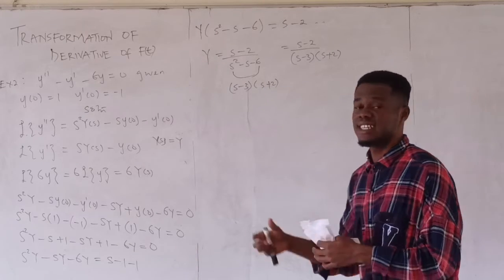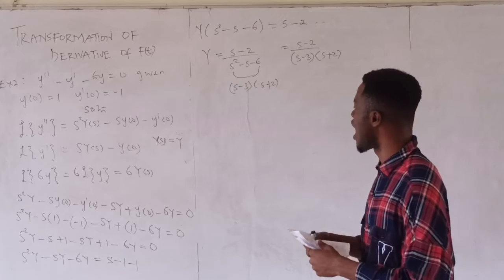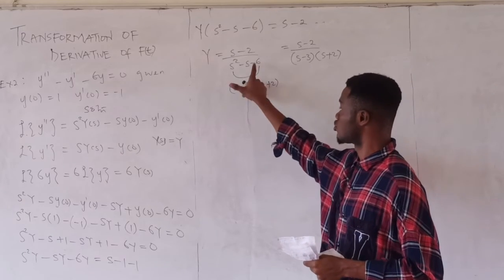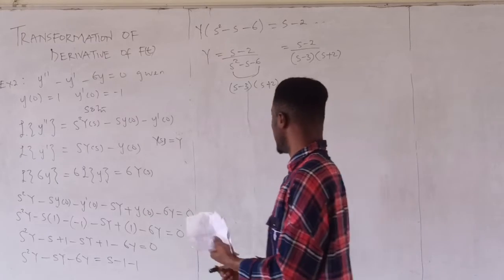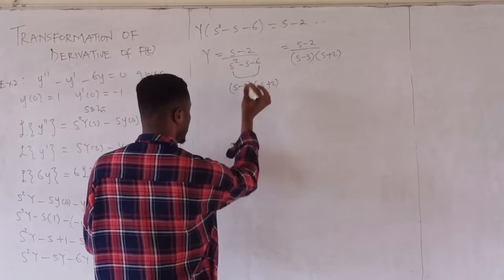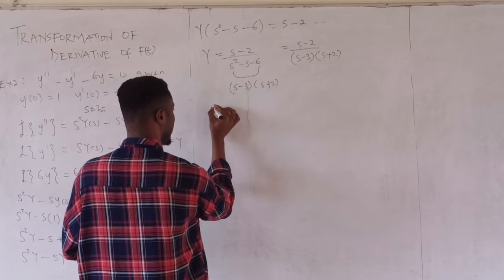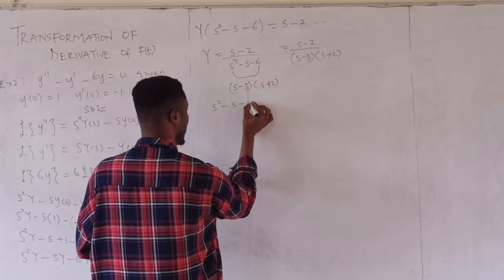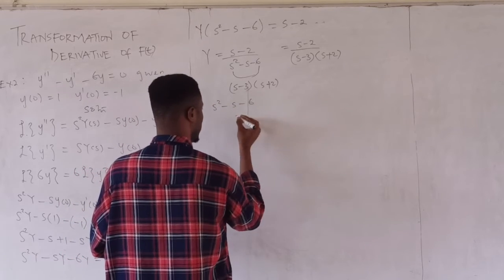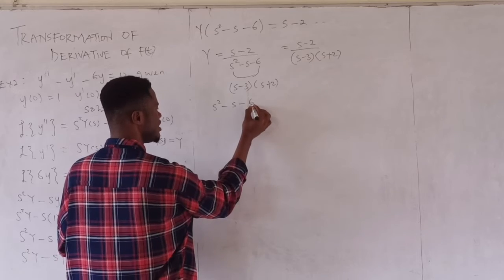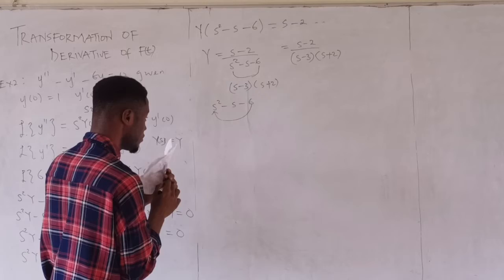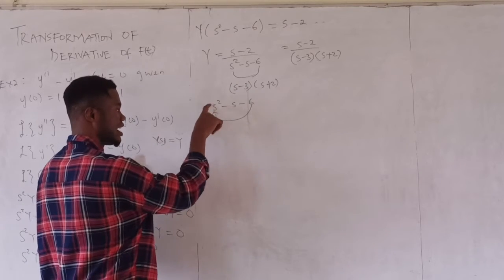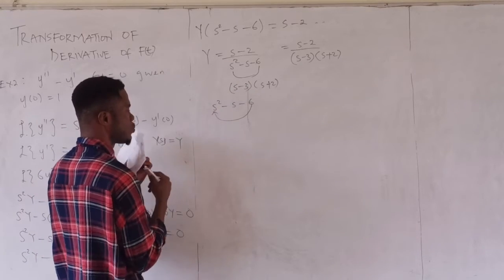So, for easy identification, let me give you a recap on how to factorize this kind of quadratic expression. Alright? So let's go through the factorization. Let's say that you have s squared minus s minus 6. To factor this out, what you do is multiply by the coefficient of the s squared, which is 1.